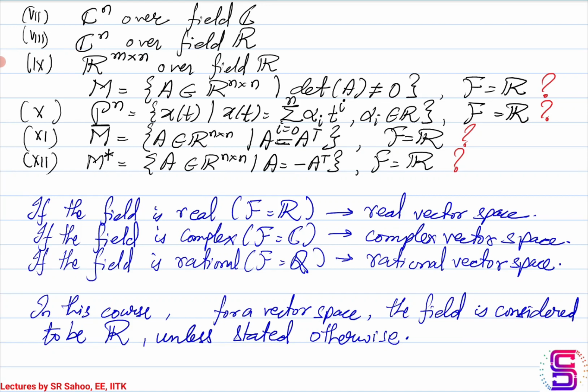Here the question arises: what is the vector addition and what is the scalar multiplication that you are going to take? The vector addition that you are going to consider here is the normal matrix addition that you do, and the scalar multiplication is as described.